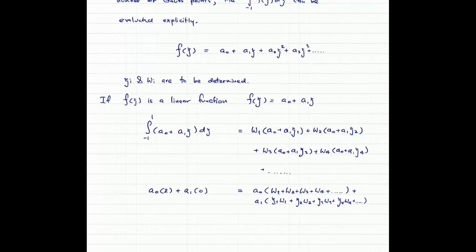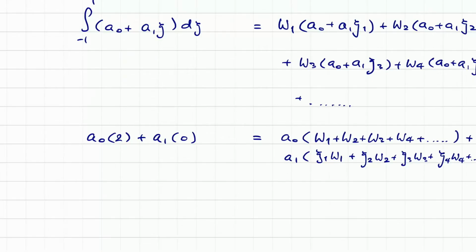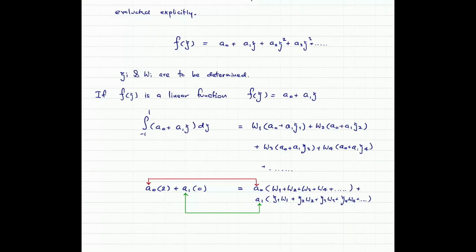So from here we can break this down into two equations. First equation there, second equation here. The thing is that you're going to equate the coefficient terms that scale the A0 and A1.